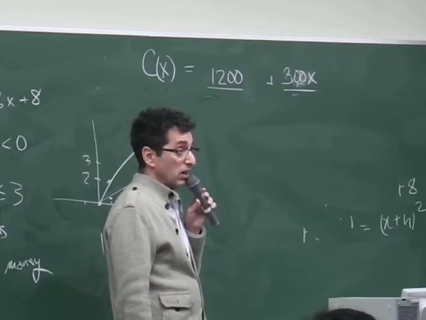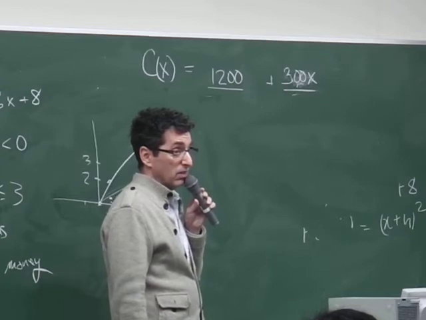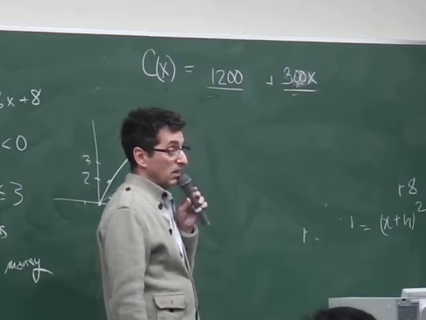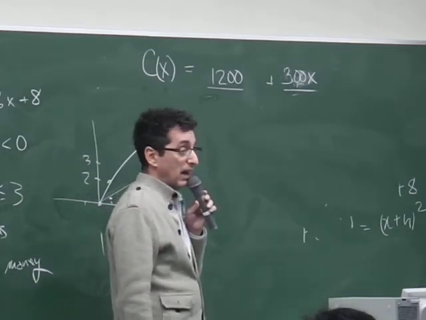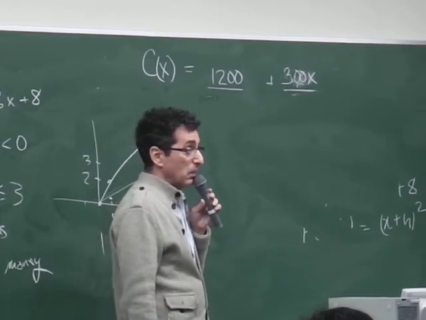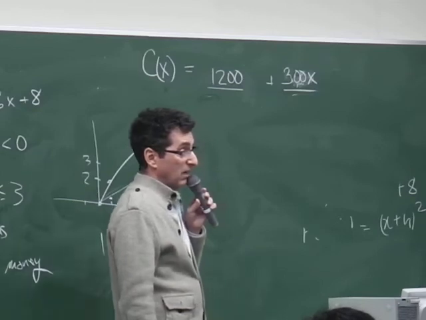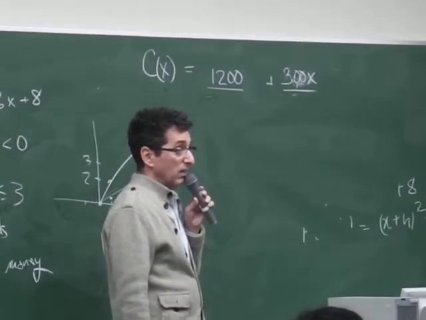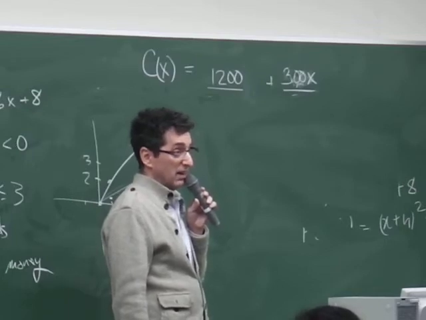Variable means changing or changeable cost. So what's the formula for the variable cost? 300x. So what's the fixed cost here? 1,200, and what's the variable cost function here? 300x, okay? You understand?